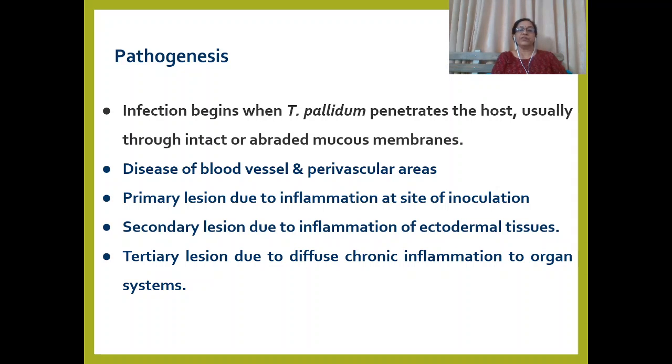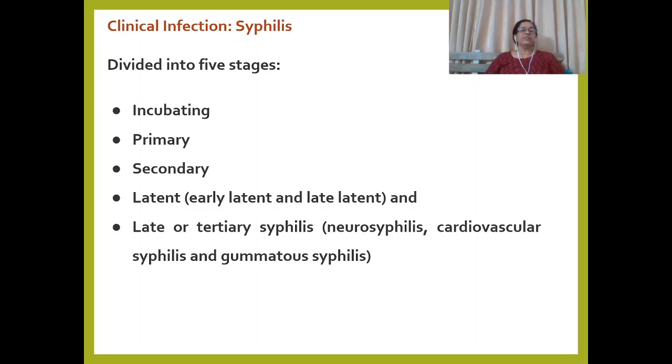Secondary lesion is due to inflammation of ectodermal tissues. That is, upon their entry into the blood circulation, they disseminate into other body parts, and one can see secondary syphilis in the patient. And at the end, after a latent period, that is a hidden period, tertiary lesion is due to diffuse chronic inflammation of various organ systems.